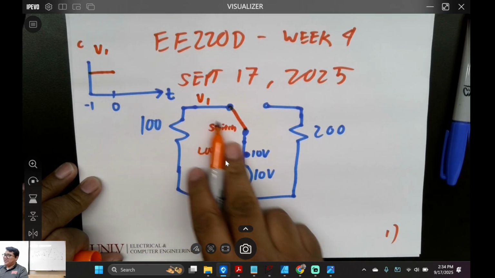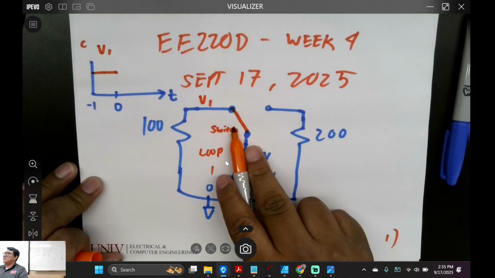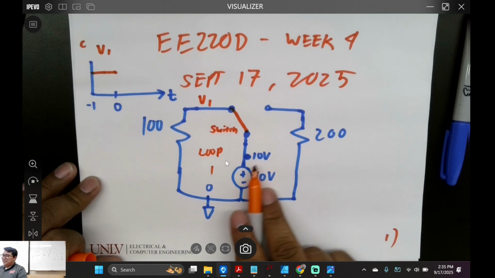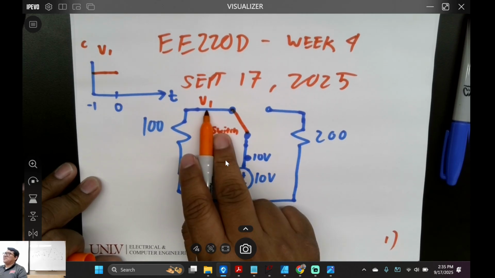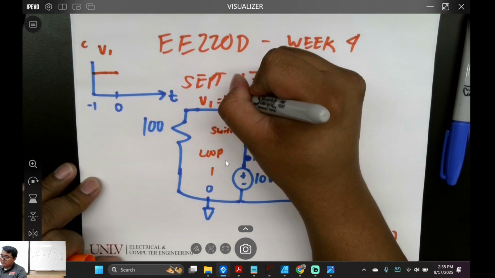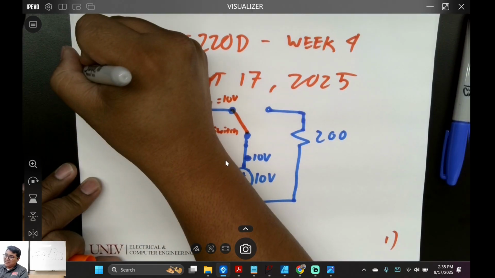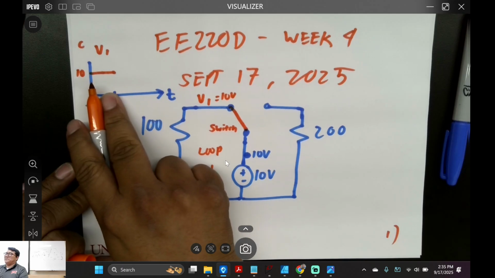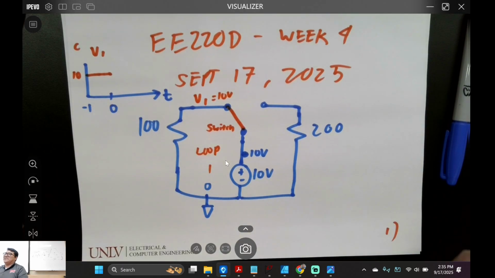And if I have a wire here, this is a switch. A switch is just a really nice wire that switches around, right? If this is 10 volts, what's this right here? 10 volts, right? So that means at V1, it's going to be 10 volts before it's closed. It's just existing.